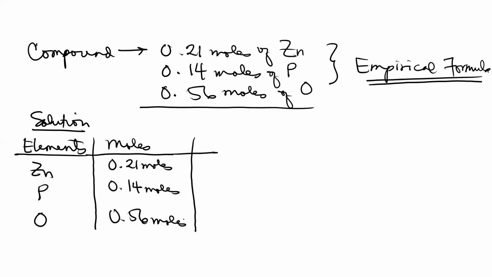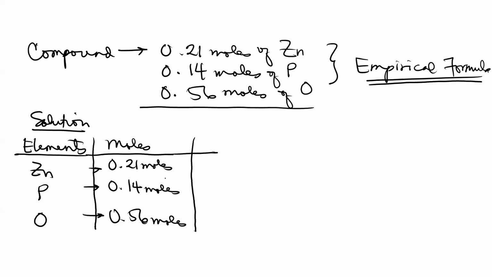Then we divide each of these values by the smallest mole value among the elements that are given. So if you look at the given value of the moles of each element, you have 0.21 for zinc, 0.14 for phosphorus, and 0.56 for oxygen.